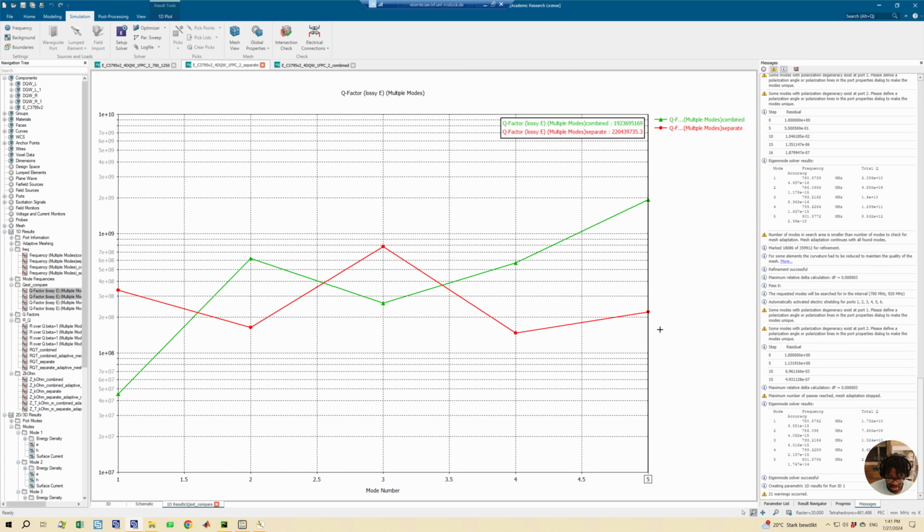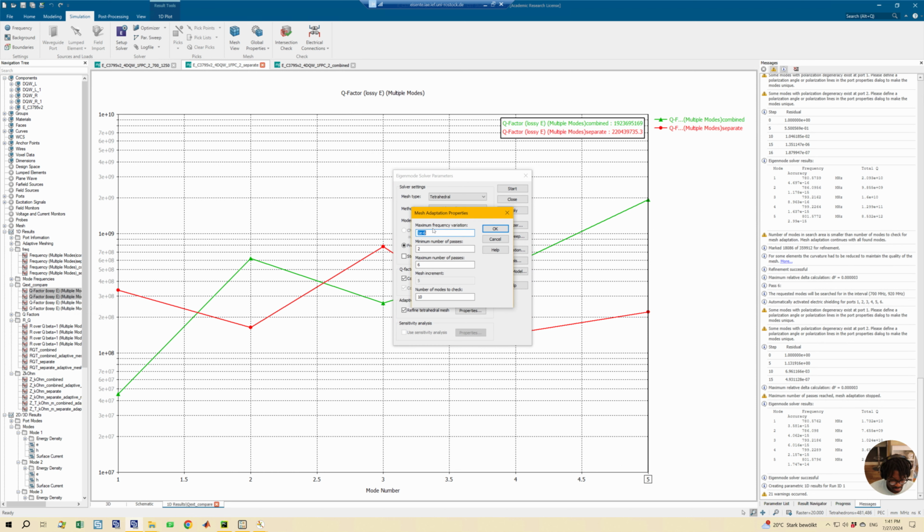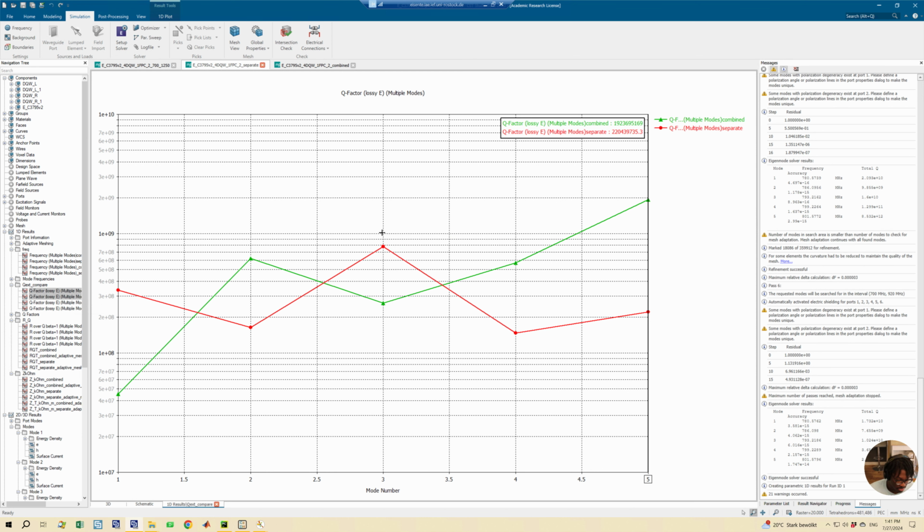That's the maximum, but I don't think it got to the frequency accuracy which I specified. But this is just showing whether using mesh refinement would actually make the results closer.